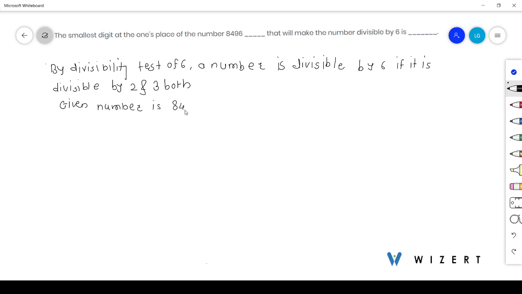Now, the given number is 8, 4, 9, 6, and we have to find this last digit, meaning the ones place.